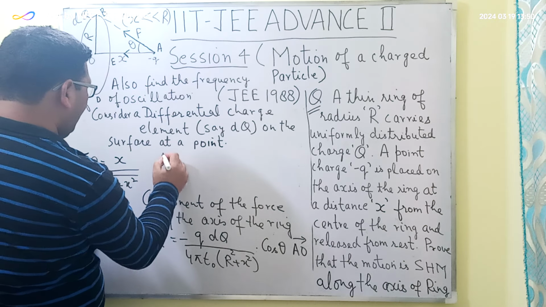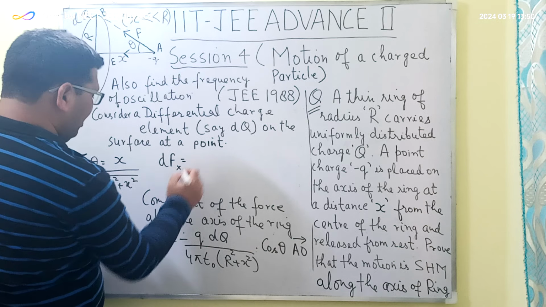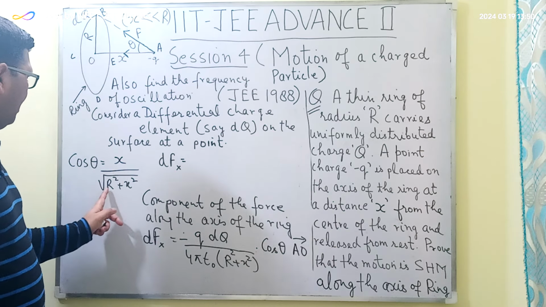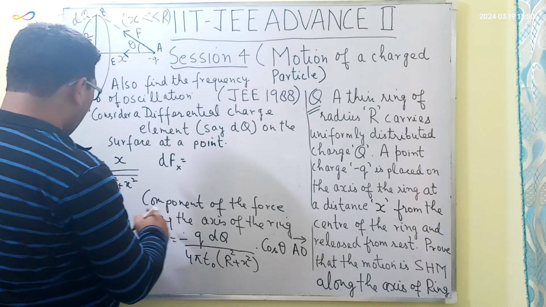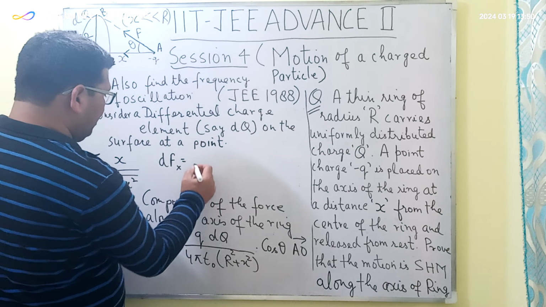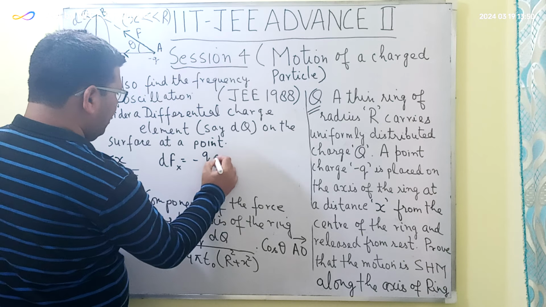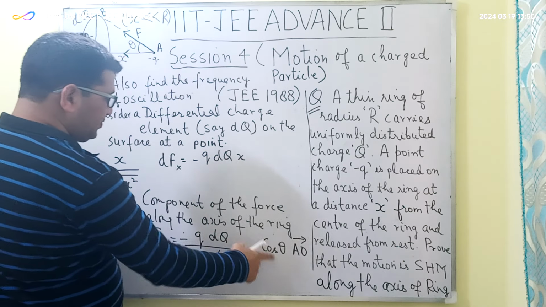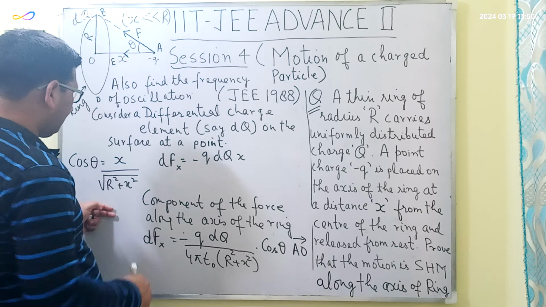Now I will be substituting the value of cos theta as x upon under root r square plus x square. So dfx will be equal to minus q dq x divided by 4 pi epsilon naught (r square plus x square) into under root r square plus x square.